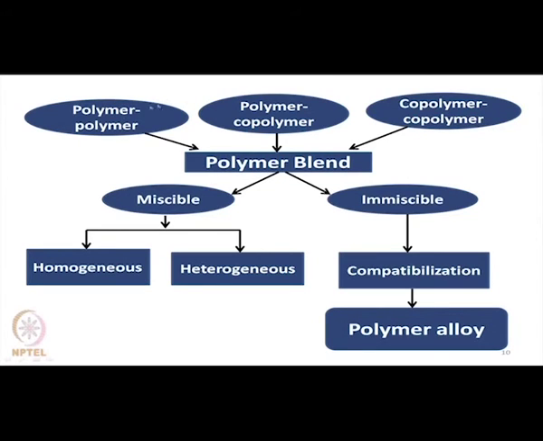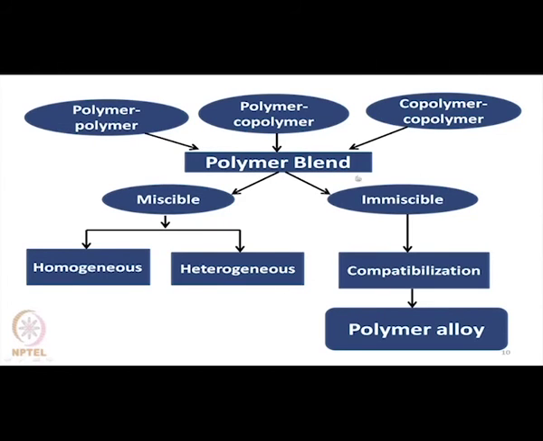Now, in these different types of polymer blends, the component polymers can be either miscible or immiscible. If the component polymers are miscible, then the blend can be homogeneous or heterogeneous. So, depending on our requirement, we can make homogeneous miscible blends as well as heterogeneous miscible blends.